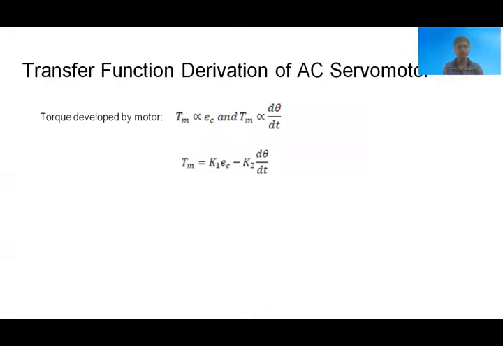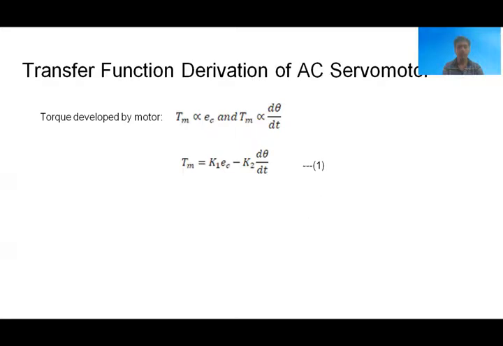Now let us see the transfer function derivation of AC servo motor. Here the torque developed by the motor is directly proportional to the control voltage, as we have seen in the previous slide. And also the torque on the motor is inversely proportional to the angular velocity. Therefore, the torque developed by the motor is equal to K1 into Ec minus K2 into d theta by dt, where minus indicates that as the angular velocity increases, the torque decreases.